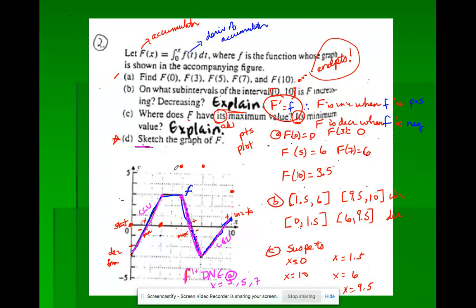And it didn't ask me that, but I'm still going to sketch the graph. Wherever the first derivative is decreasing, I'm going to draw concave down. And where the first derivative is constant, I'm going to draw a straight graph, no curvature.